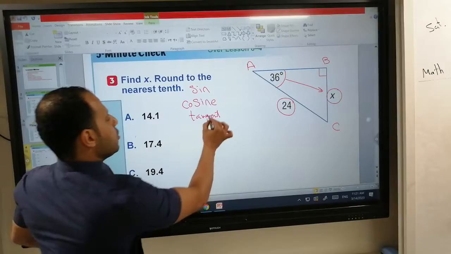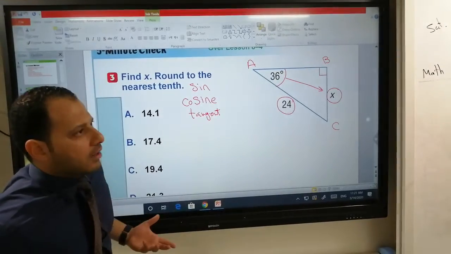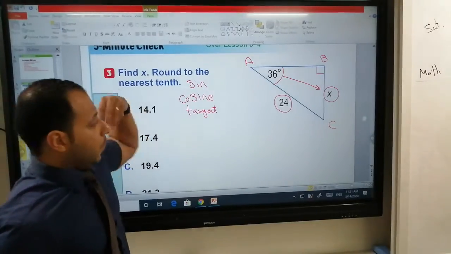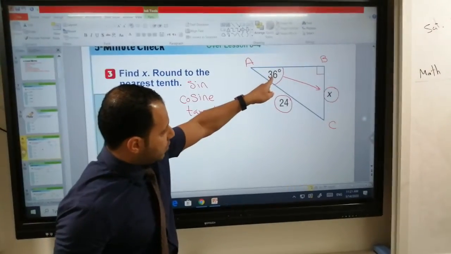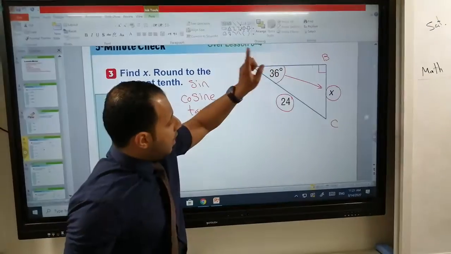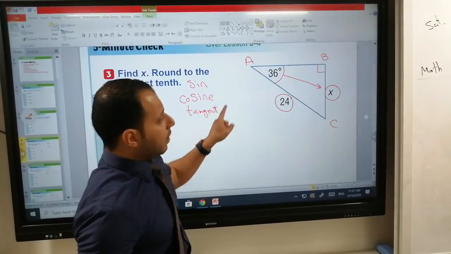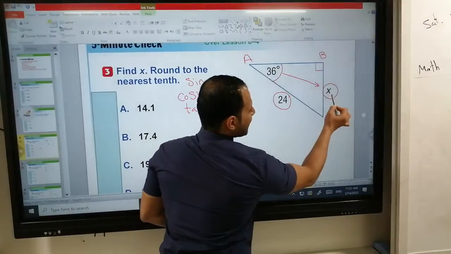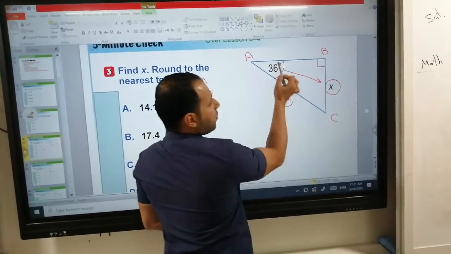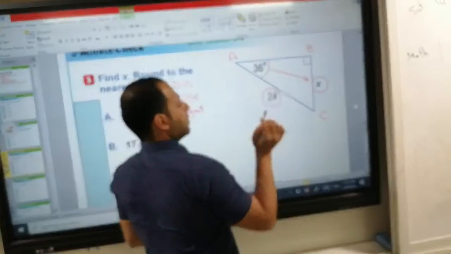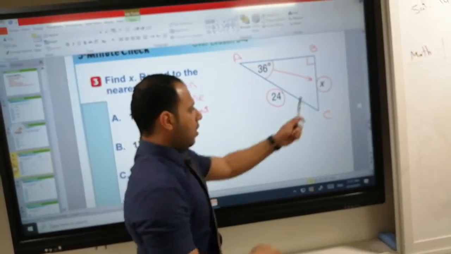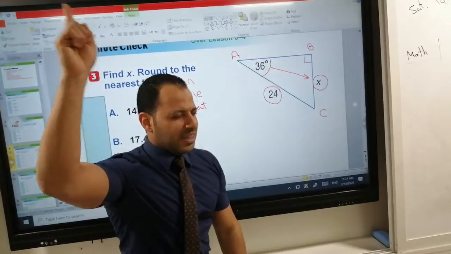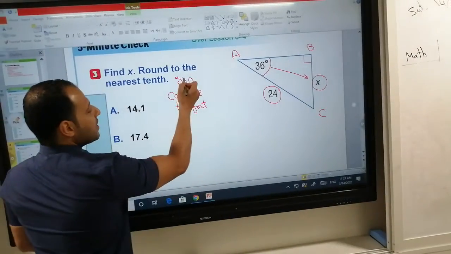What shall I use? You will choose one of these according to the givens. What are the givens? This angle, which is 36. This x represents the side opposite to this angle, and you have the hypotenuse. Opposite and hypotenuse, so I must use sine.